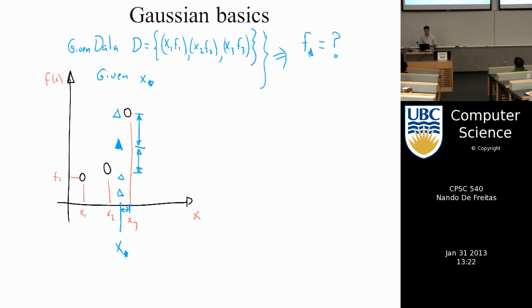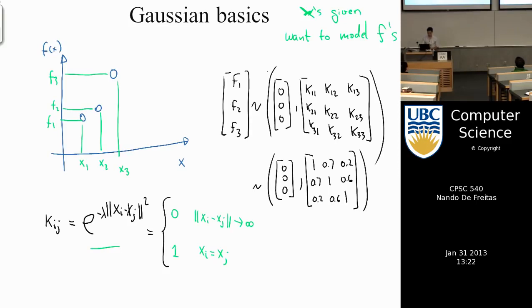Okay, so from before, I knew that my f's were distributed according to a Gaussian, and I'm just going to say that the vector f, which is f1, f2, and f3, is distributed according to a Gaussian that has zero mean, so now this is the vector of zeros, and covariance k.